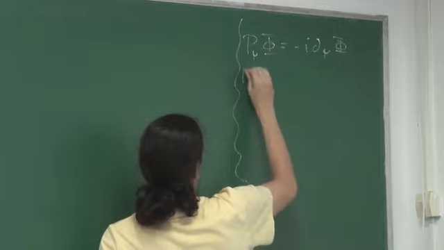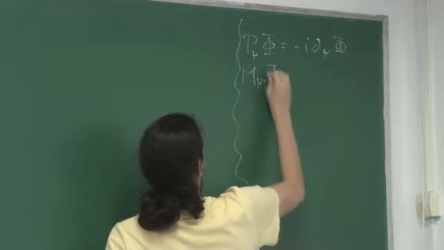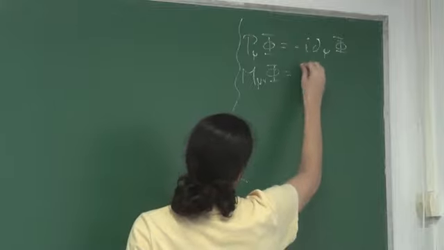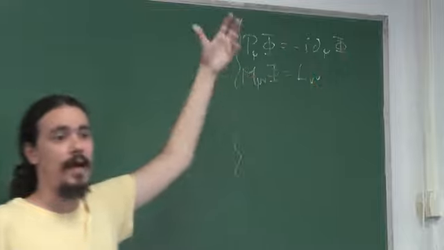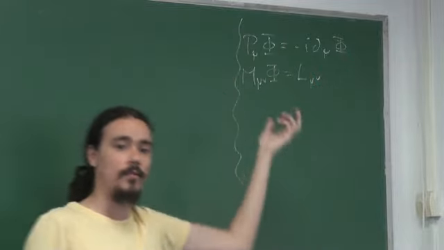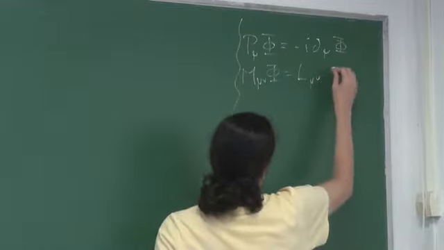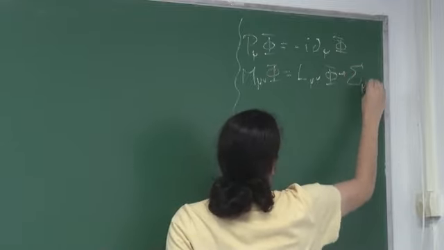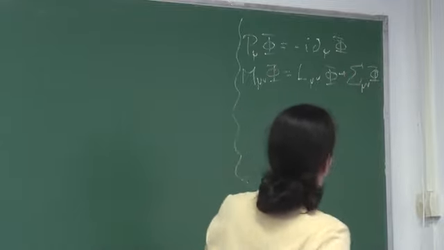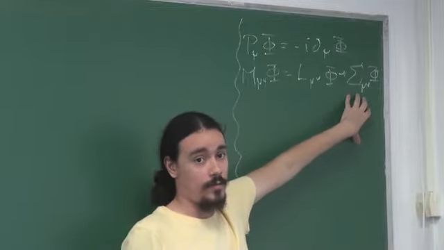For rotations, we had, abbreviating like this, the orbital angular momentum, x nu d mu minus x mu d nu. But we can also have a spin part here, and this is the internal transformation for rotations.